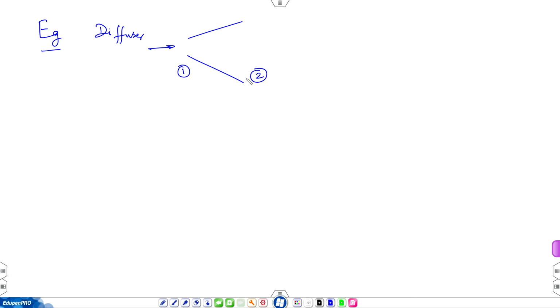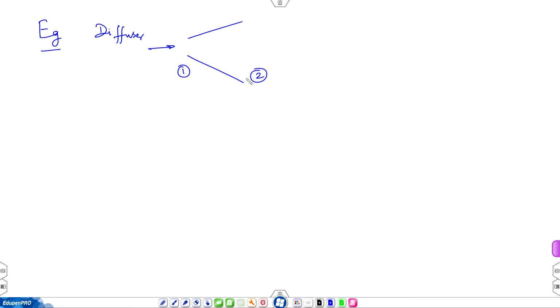This is flow through a diffuser. A diffuser is like a tube whose area of cross section increases in the flow direction, like a conical diffuser. You can also have a planar diffuser or a diffuser with a rectangular cross section. In every case, area increases in the direction of flow.